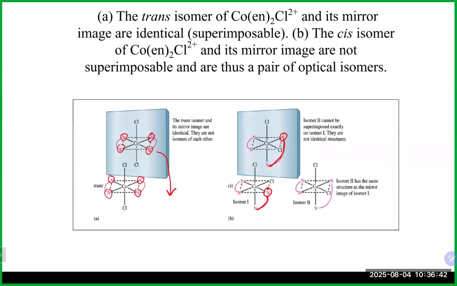So in a lot of cases, a trans isomer can superimpose on its mirror image because it maintains those connections. And a lot of times with a cis isomer, because of the way it gets reflected into the mirror image, which is sometimes hard to visualize in your head, you get a shifting of a bond to a different location. As you rotate it, that bond's always going to be out of line with the original. Any questions on that?